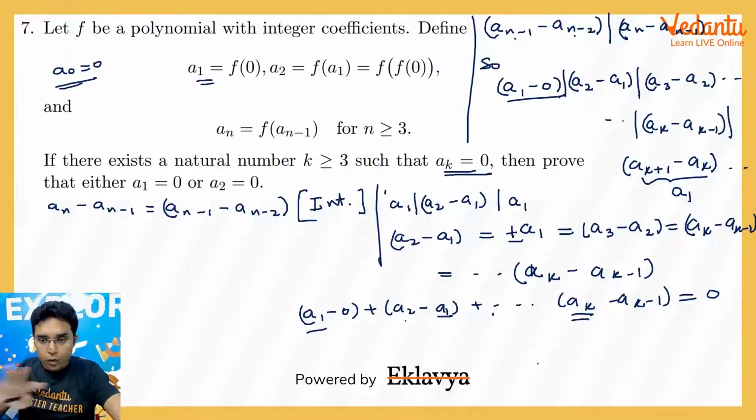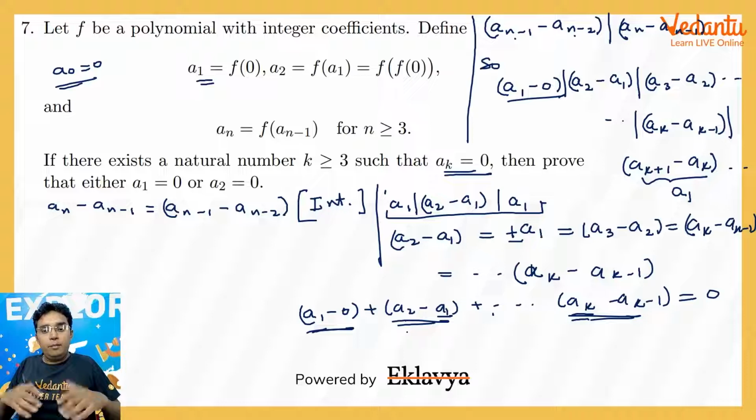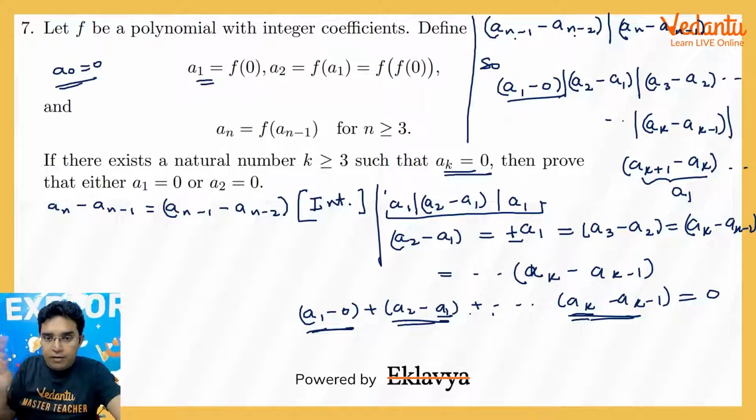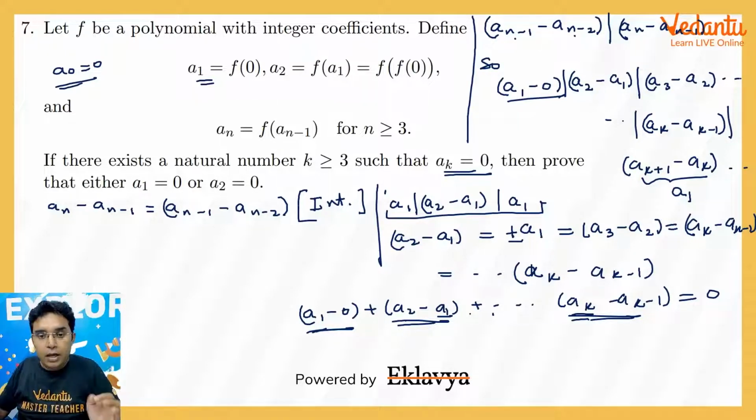So the sum of all these terms is 0 and each term is either a1 or minus a1 as I claimed by this logic. Okay, so some of them will be plus a1, some of them will be minus a1. That means there will be two consecutive terms, out of which one of them will be a1 and the other will be minus a1.